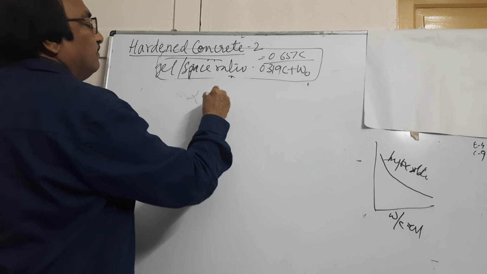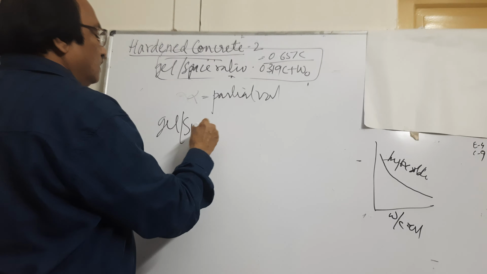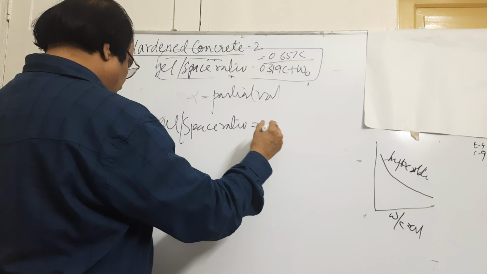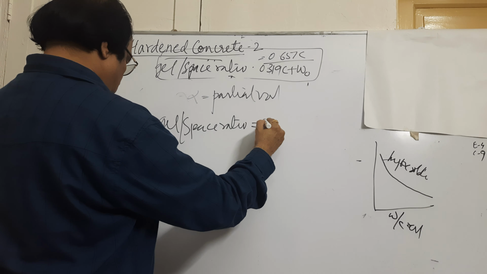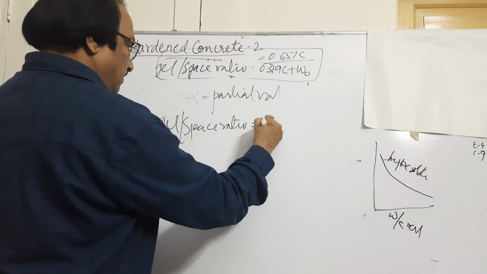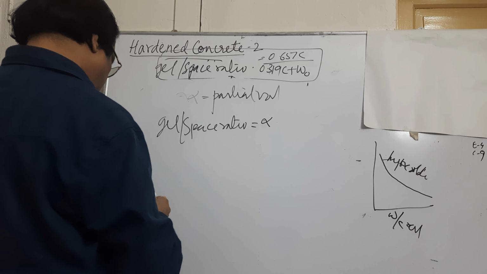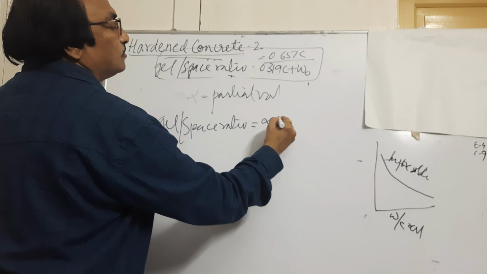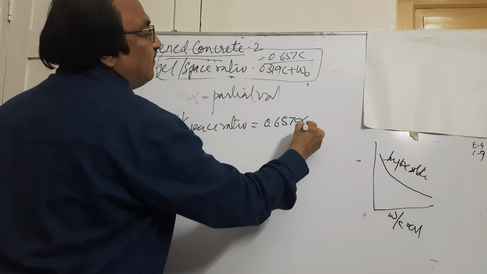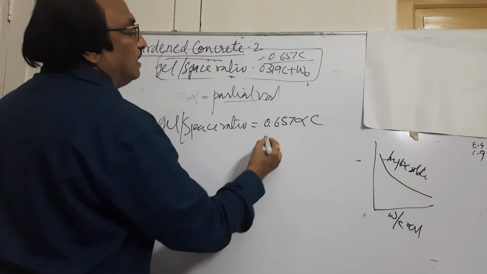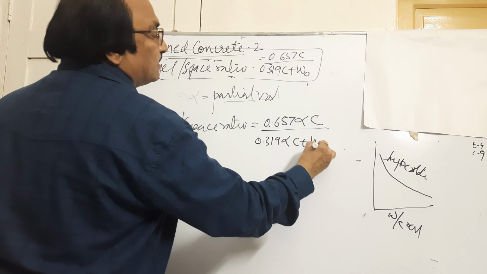Alpha is the partial value, then in that case the gel space ratio I can write as 0.657 alpha C, where alpha is the partial hydration that has taken place, divided by 0.319 alpha C plus W naught.